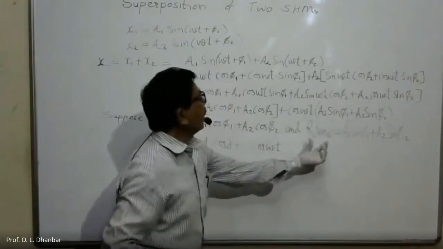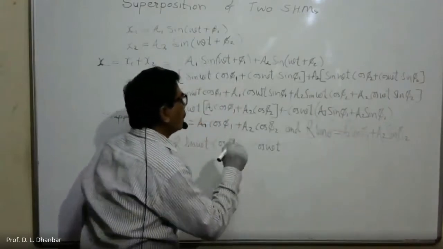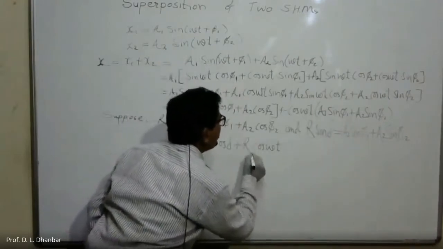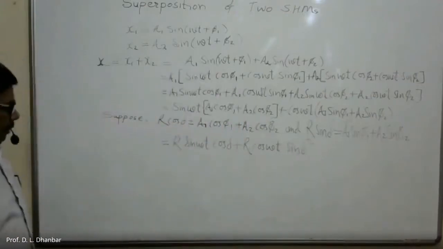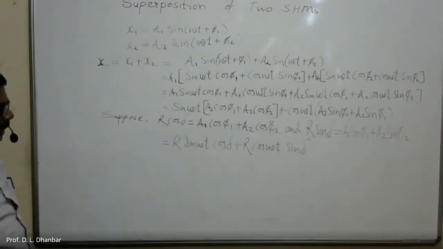Instead of this bracket I will substitute r sin delta, so this will be r sin delta.